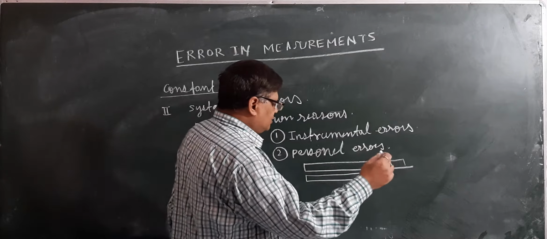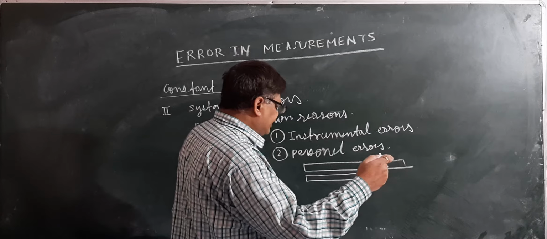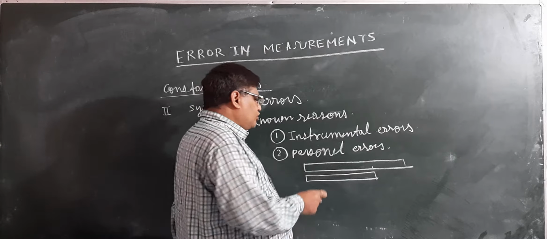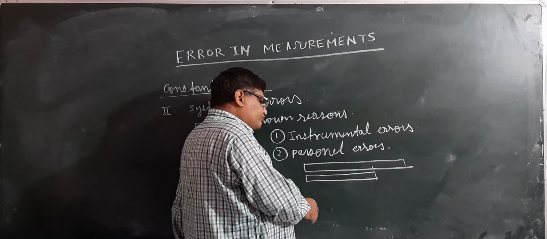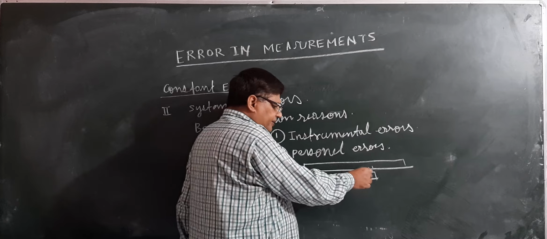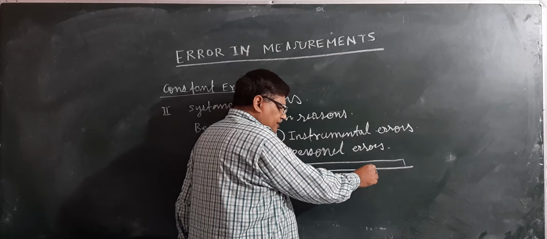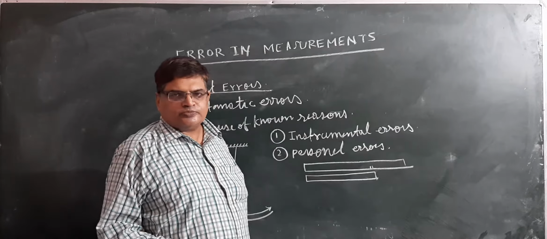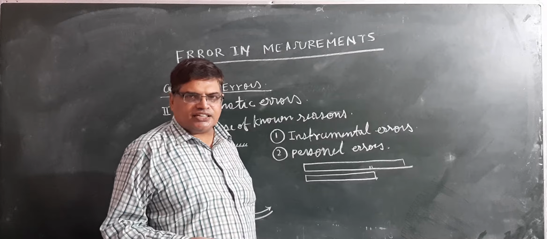Your eye should be in such a direction that the line of sight is perpendicular to the scale. But you are looking slightly from here, say from the left hand side. So it will appear as if this particular marking is coinciding with the end of the desk. So this is because of the personal error.